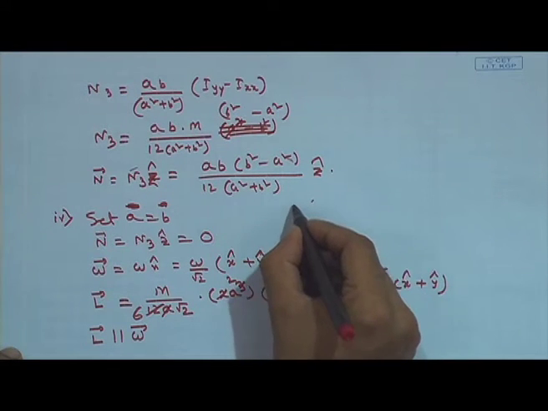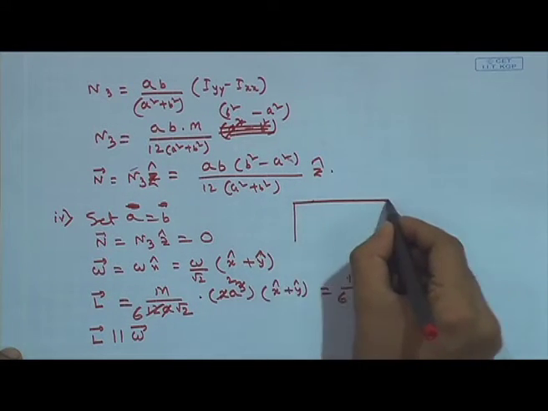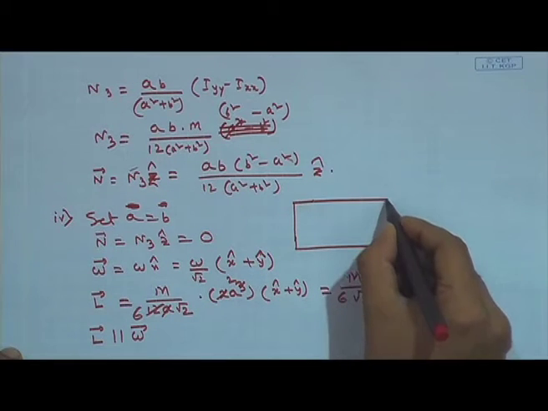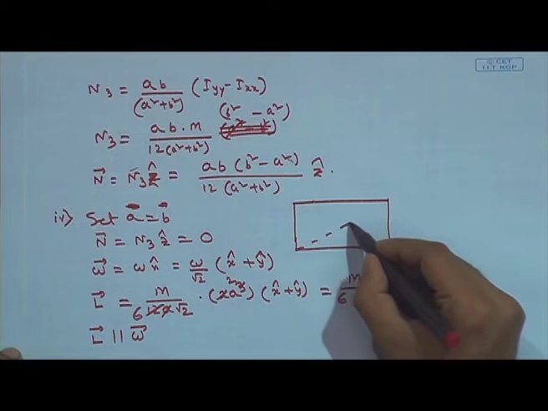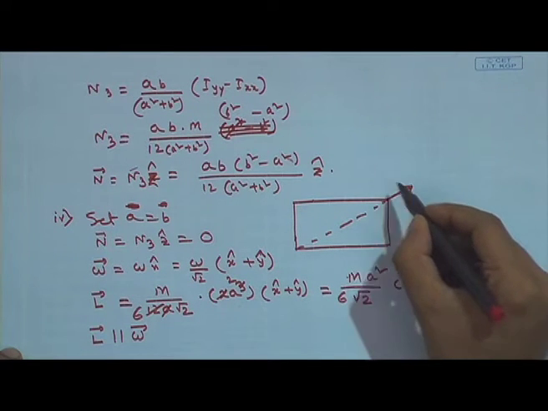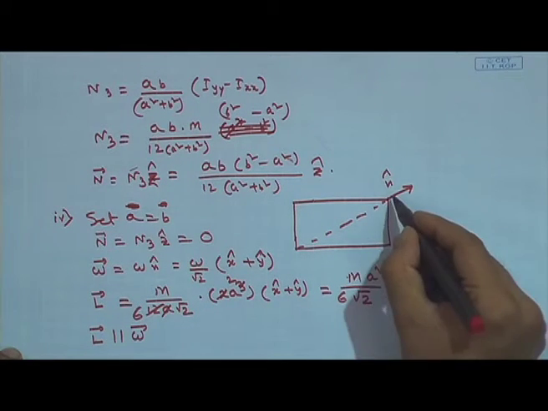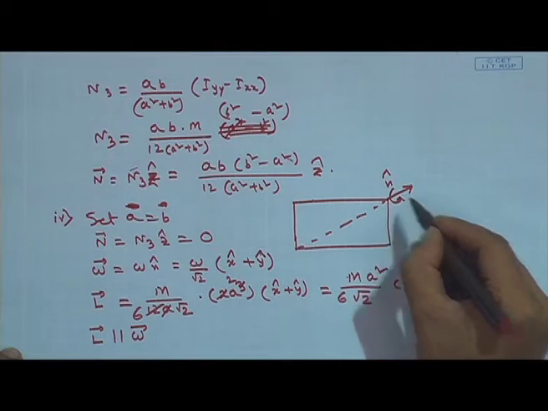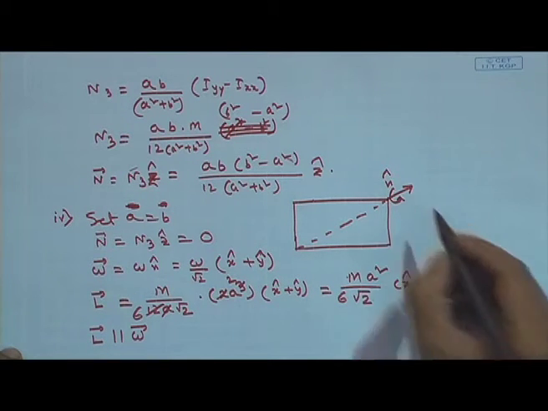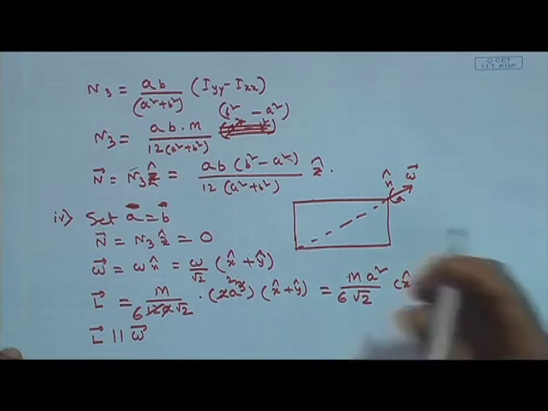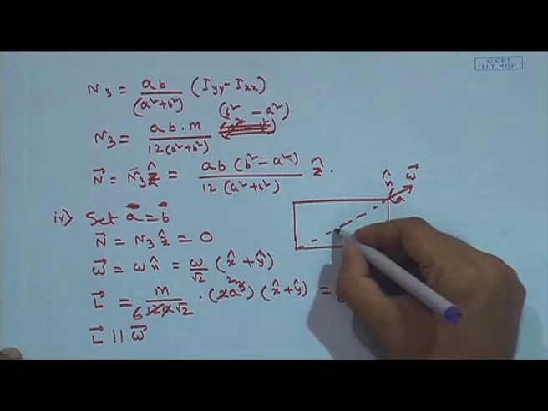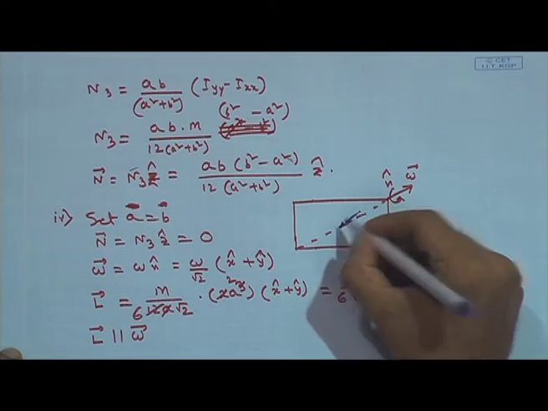So initially we started with a rectangular lamina. This is the axis of rotation, and it is rotating with an angular velocity omega around this particular axis. The angular momentum at that time was not exactly coinciding with omega, this is the origin by the way.